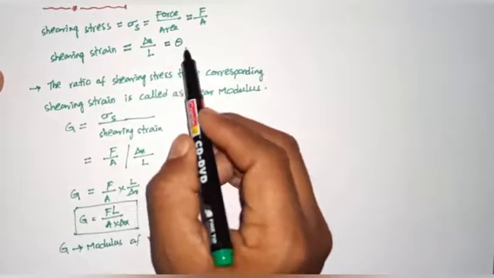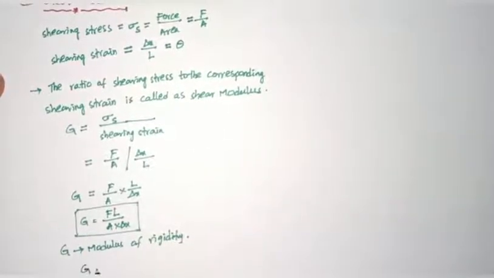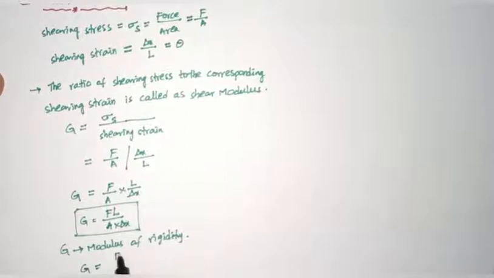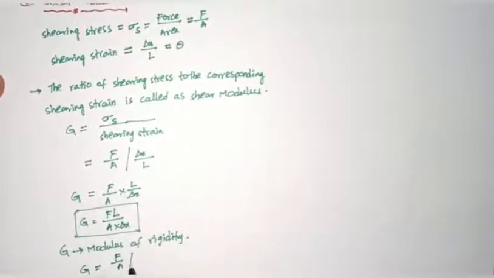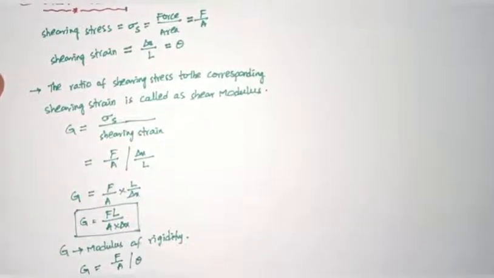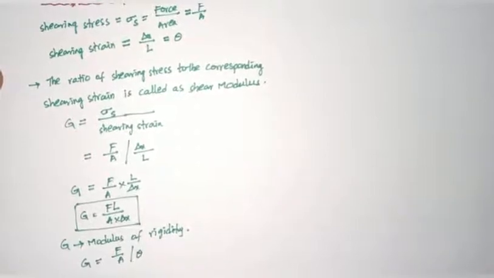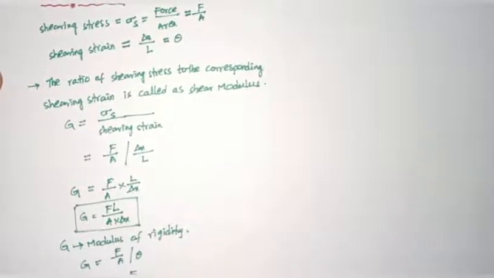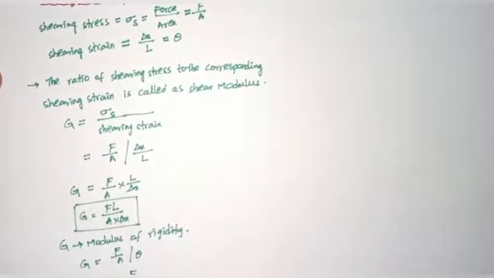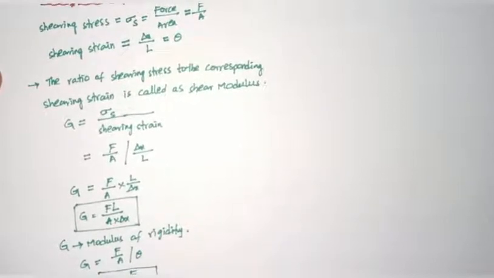Here theta is very small, so tan theta is approximately equal to theta. Then G equals F by A divided by theta, where shearing strain is theta. So G equals F by A into theta. This is also an expression for the modulus of rigidity or shear modulus.